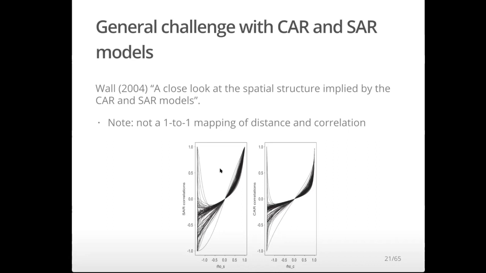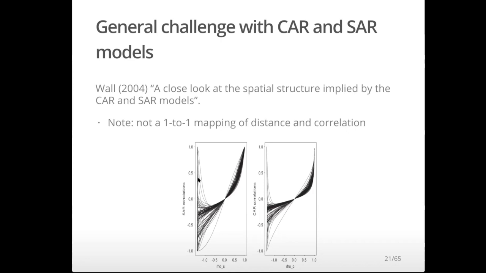and so that just means that at a given value of rho, we could potentially get a wide range of correlations. I'm thinking about the river network image that I was showing earlier: two sites that are close, like sites 2 and 3, might be the same distance in space as sites 4 and 5, but one of those pairs would be much more correlated implicitly, just based on how that matrix was formulated.